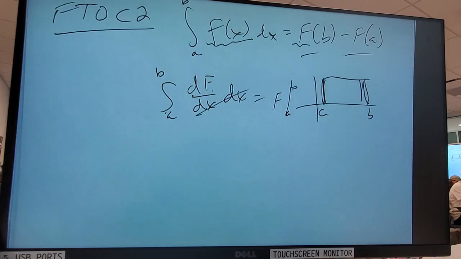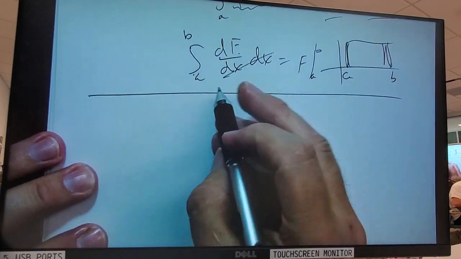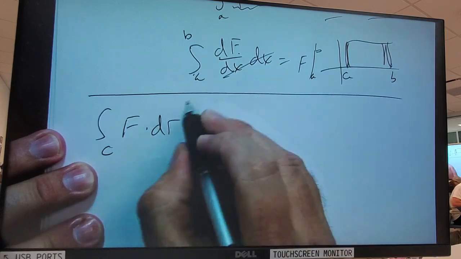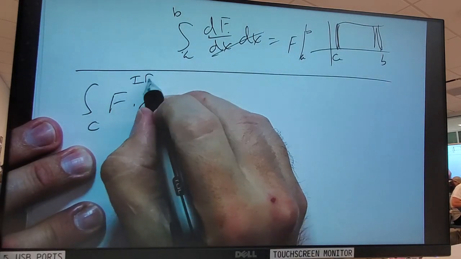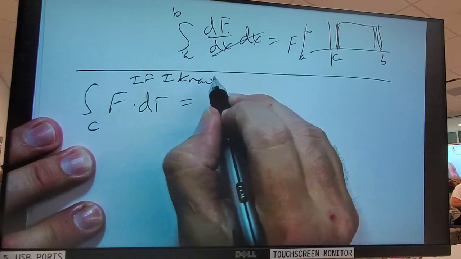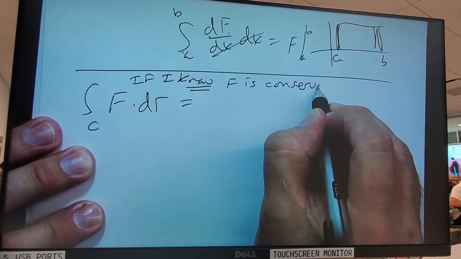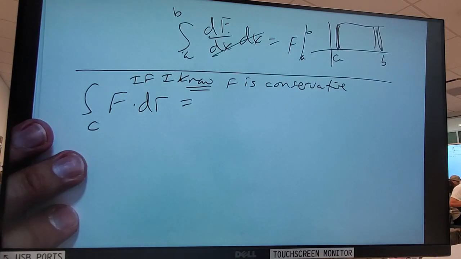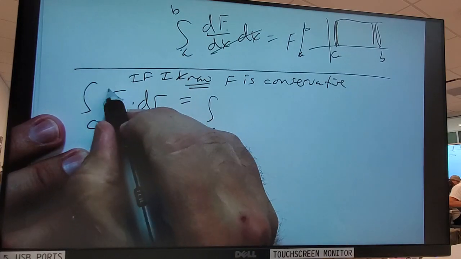So, what happens now, if I'm given this problem, and I know f is conservative, yes? If I know f is conservative, can somebody remind me how can I rewrite big F?